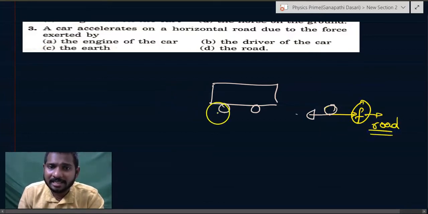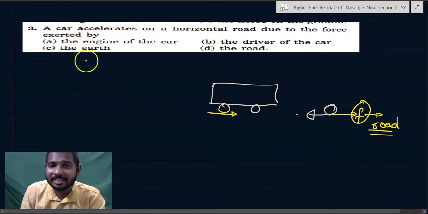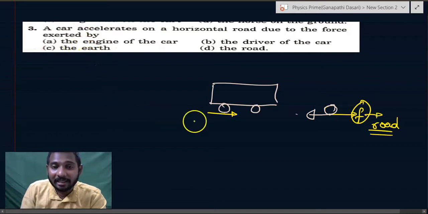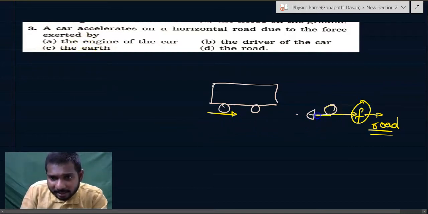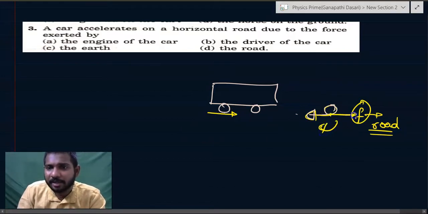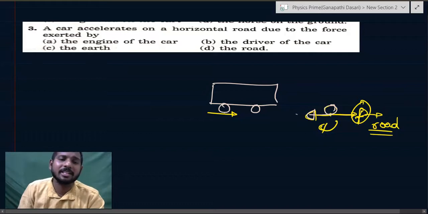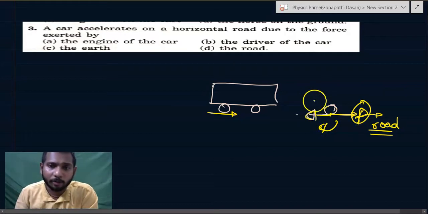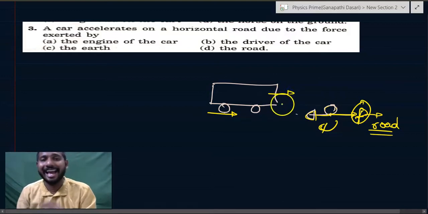So the car is accelerating: the engine is responsible for rotating the wheel, and the wheel tends to slip towards the left direction when it is getting rotated. When the wheel is slipping towards left, there will be friction towards the right, which is actually responsible for the car to move in the forward direction, or the car to get accelerated.